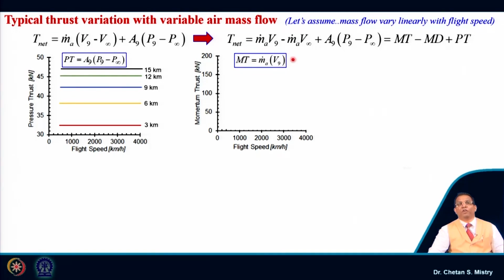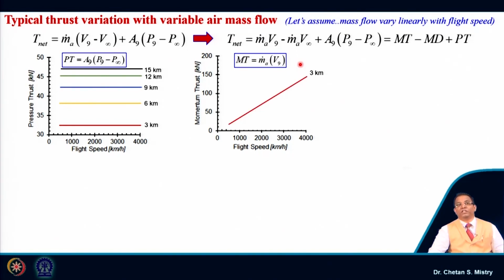Now, let us take the next scenario. We have our momentum thrust. Here it is interesting to observe that my momentum thrust is a function of mass flow rate and my exit velocity. This mass flow rate, as we have discussed, is varying. If my mass flow rate varies, it will vary with my altitude also.